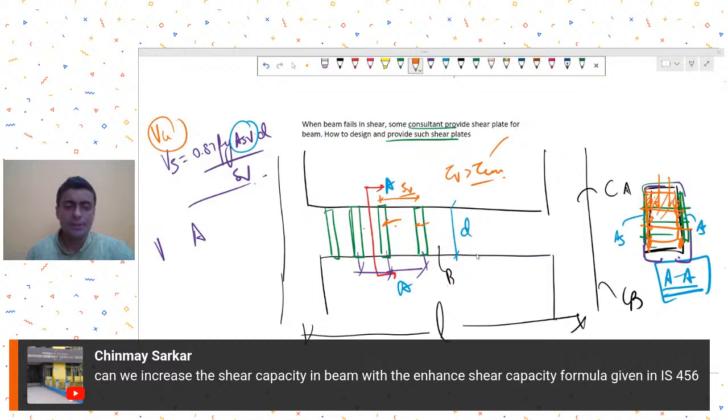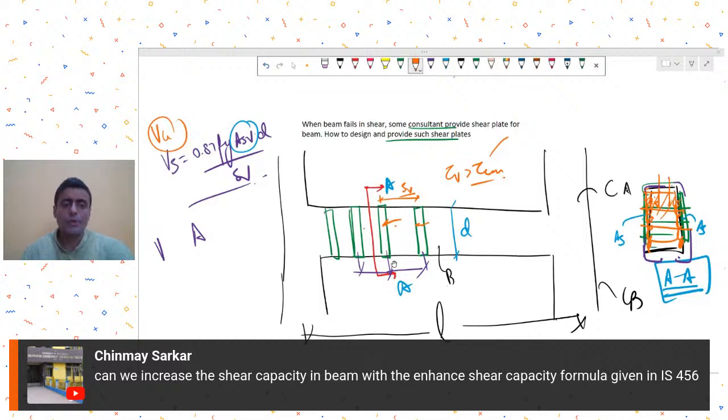Very good. Mr. Chinmay is asking, can we increase the shear capacity in a beam with the enhanced shear capacity formula? Yes, you could do that, but there are some riders. The shear force has to be taken at the face of support. Generally we take the reduced shear at d distance, so that you will not be able to do.